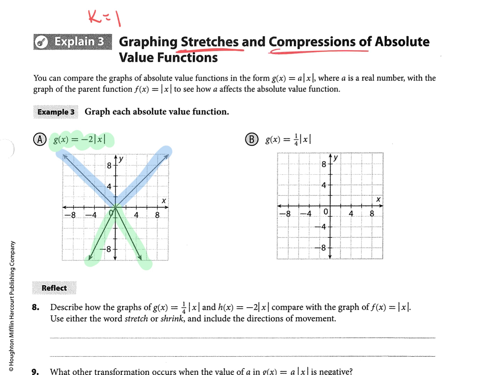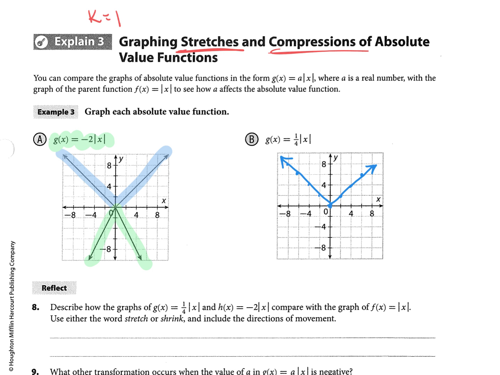Then they have us graph 1/4 the absolute value of x. So we're going to start with putting that parent function on the graph. Starts at 0, has a slope of 1. So there's the parent function.